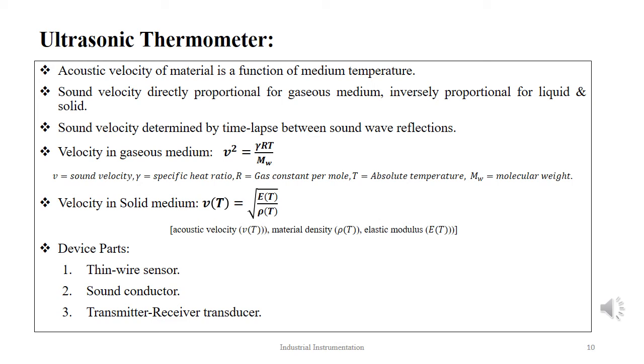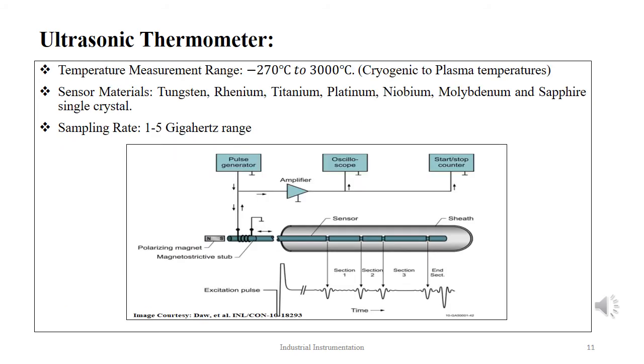When the medium itself is used as the conductor in case of solid, the transducer is located in an external shell. This configuration is useful for temperature measurement in corrosive environments as well. The temperature measurement range of the ultrasonic thermometer is from -270 degrees Celsius to 3000 degrees Celsius.